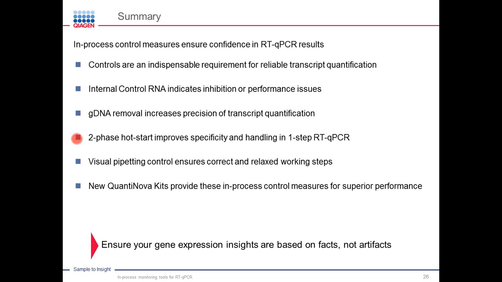Hot start improves the setup and handling, and avoids any variables being introduced during reaction setup. Visual pipetting helps to avoid any type of human errors, and all these components are included in our brand new QuantiNova kit family without requiring any additional purchase or work to be developed; these controls are already made available.